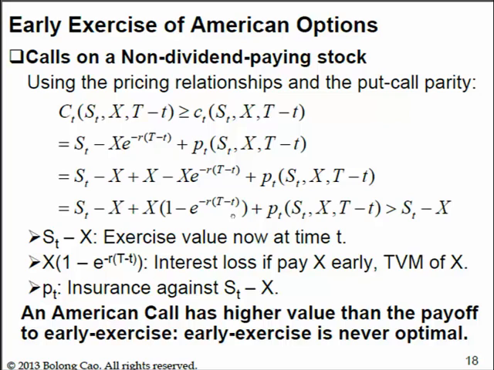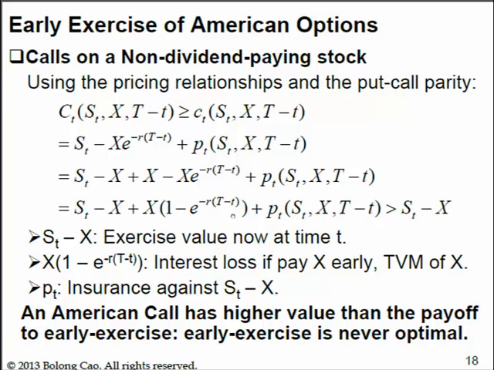And then put is basically that insurance part. Right? You have an insurance, you have time value of money saving on the strike price, not to pay it too early, right? Embedded in this call together with its excess value.